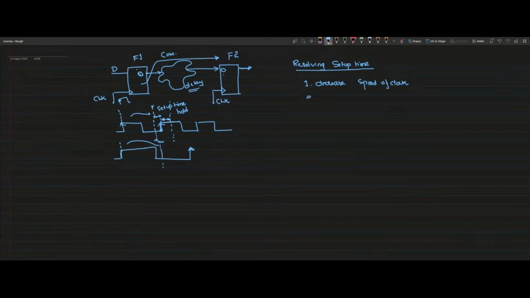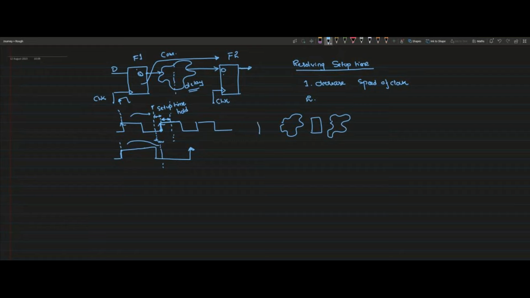The second way of solving it is to reduce this delay. I can reduce this delay by changing the architecture of this combinational logic, or people go for a method called pipelining, where they split this combinational logic into small chunks and insert another flip-flop there.